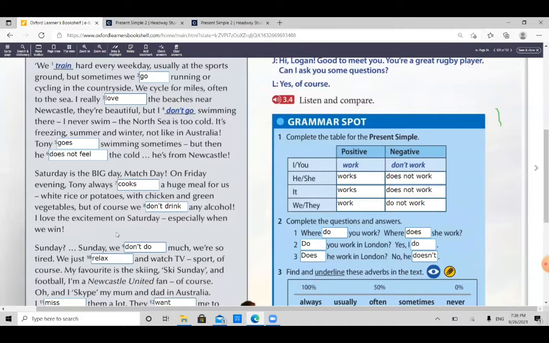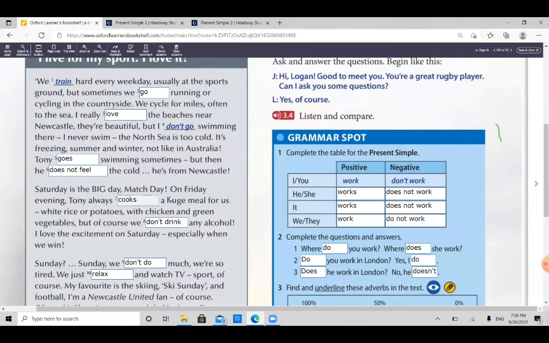I always practice, not I am always. I always practice. Yes. Okay. I always practice cycling. Yes, I always practice cycling.